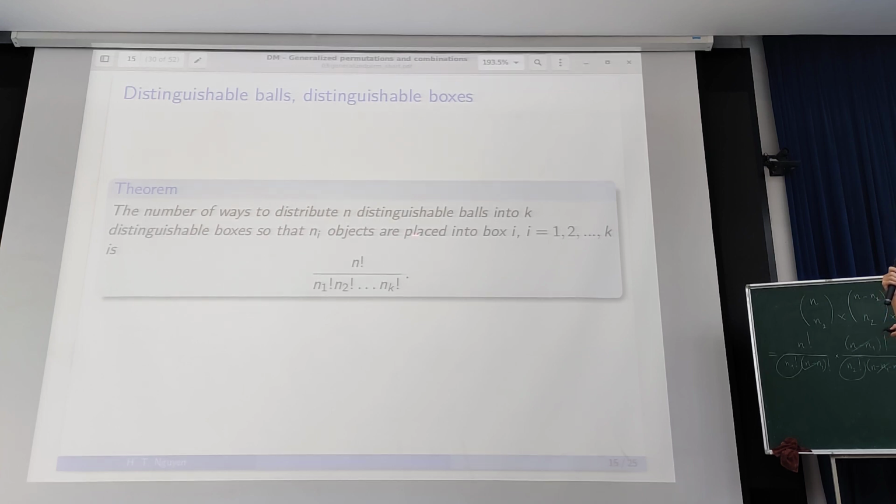In fact, we fix the number of balls in each box.